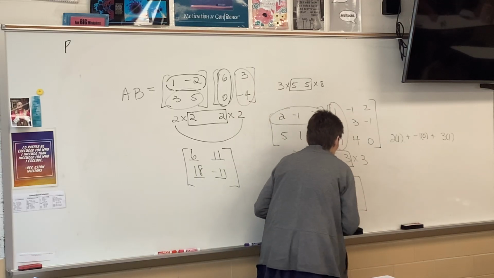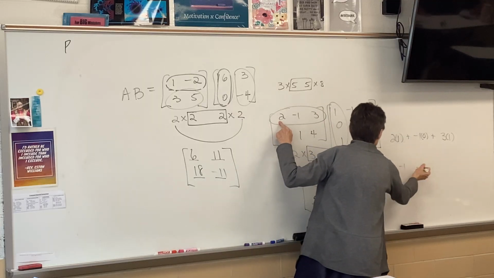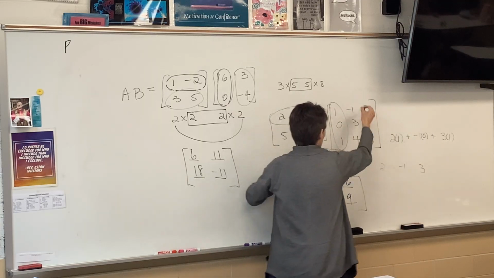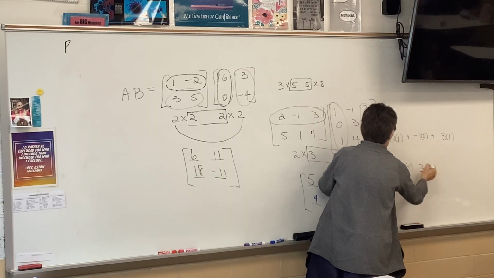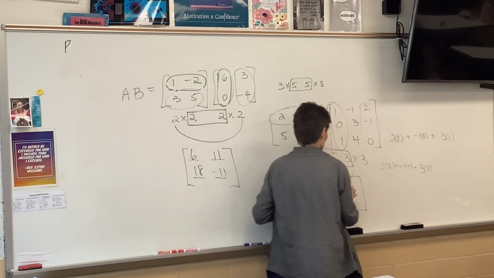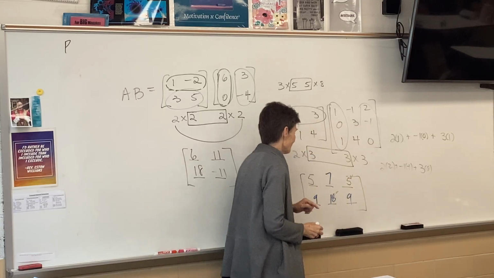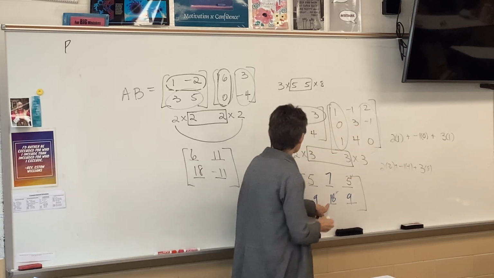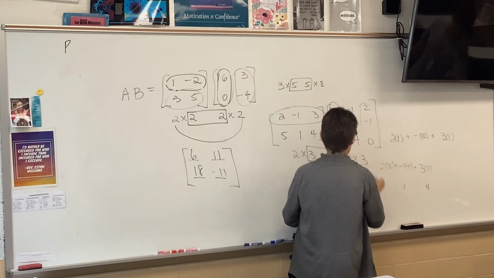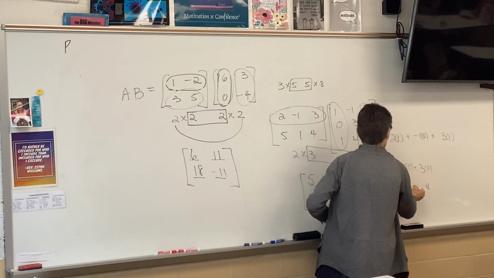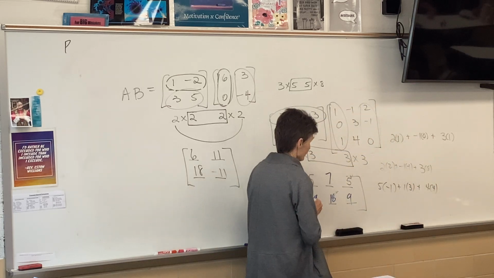Darn it. So that would be row 1, column 3. 4, 2. Oh, it's 5. Yeah, that should be 5. I got -1 times -2. And then what's this? This is row 2 and column 2, -5, 3, and 4, 8.